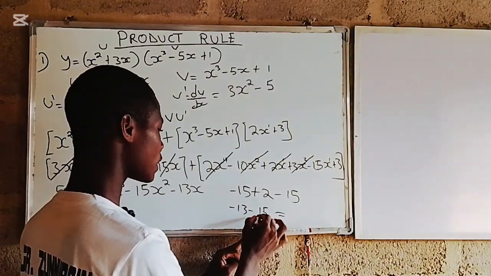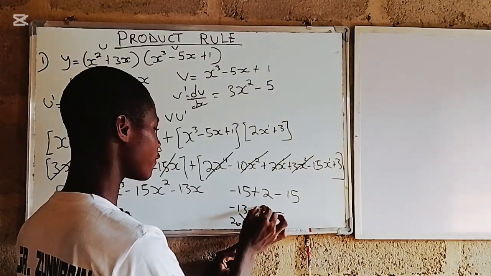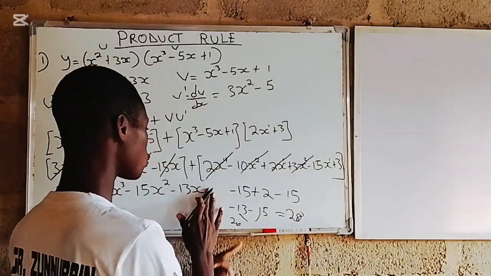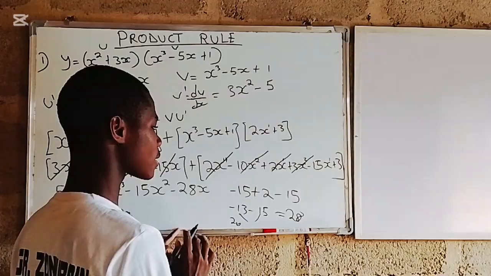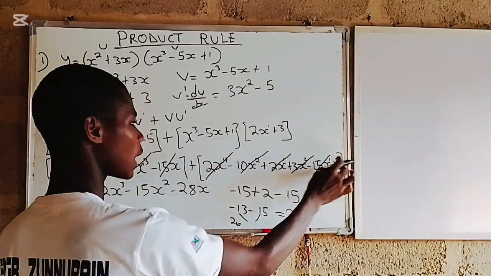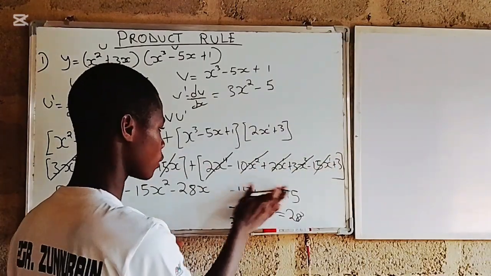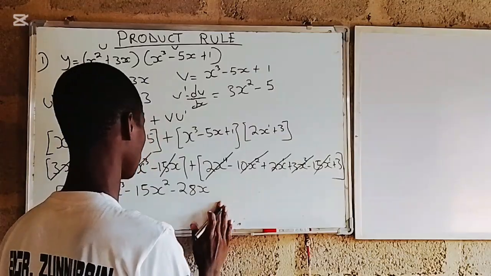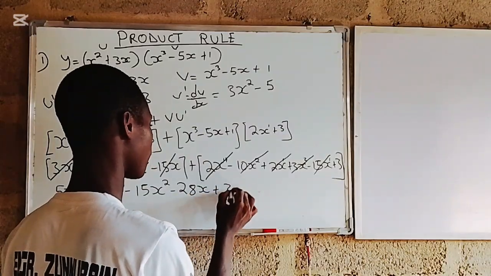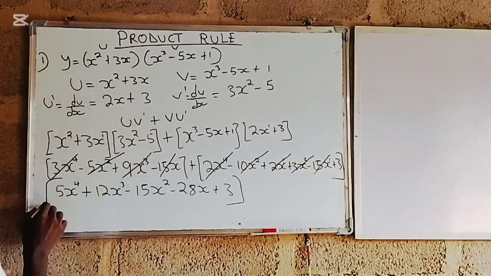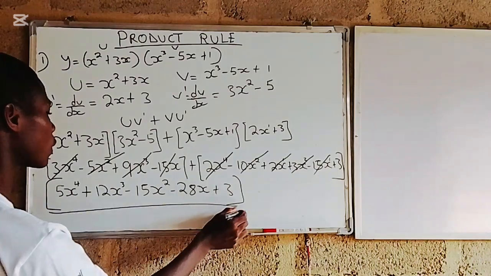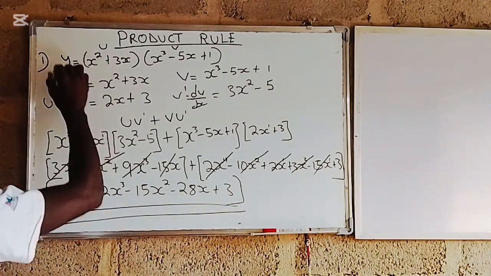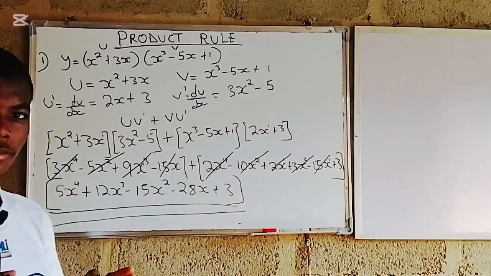So at the end, 10 and 10 will give me 20, and 8, so I'll get 28. So this should now become 28x, and therefore I have only 3. So I have to keep down plus 3. So this is the final solution of this product rule.